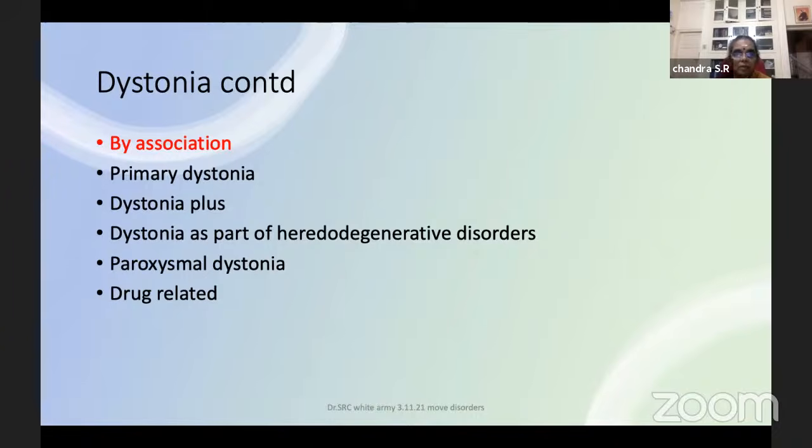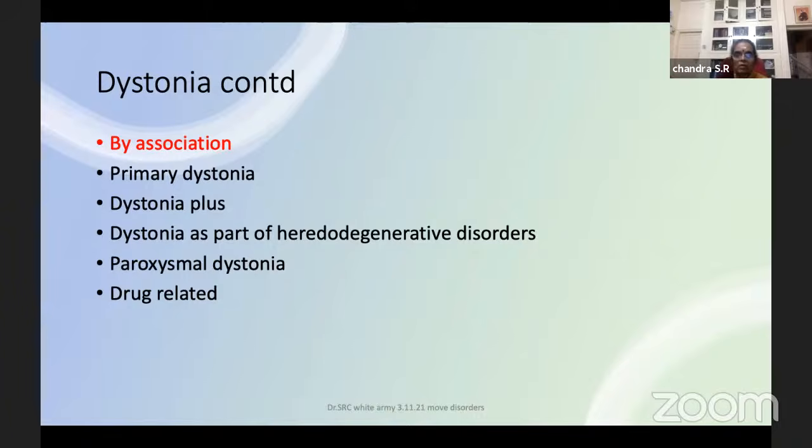And dystonia can be part of a heredodegenerative disorder. So the patient is having multiple involvement of the neuraxis, of which he is also having a foot dystonia. That is dystonia as part of a heredodegenerative disorder. And paroxysmal dystonias, the kinesiogenic and non-kinesiogenic dystonias, come episodically and go. When you run fast, you get a paroxysmal kinesiogenic dystonia.